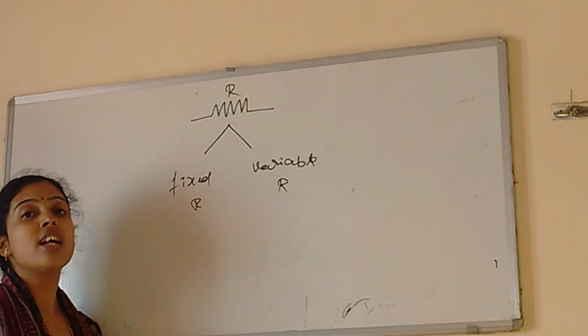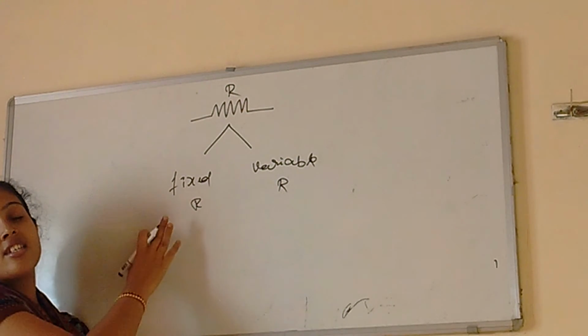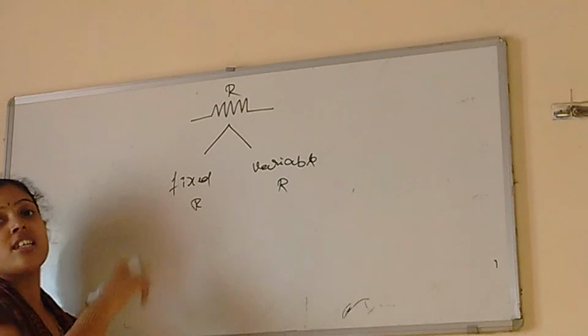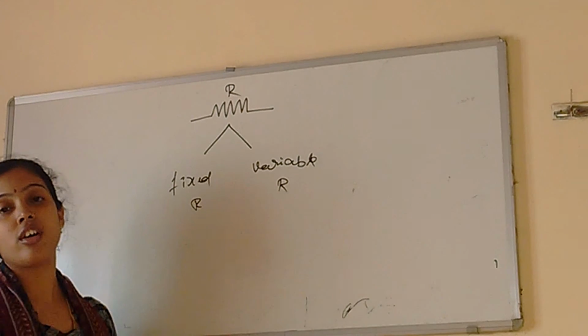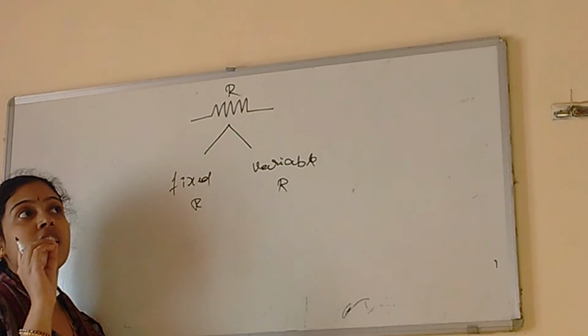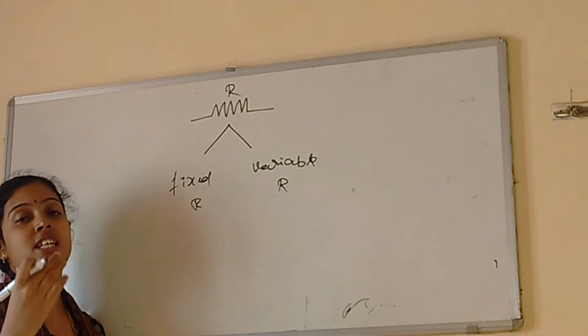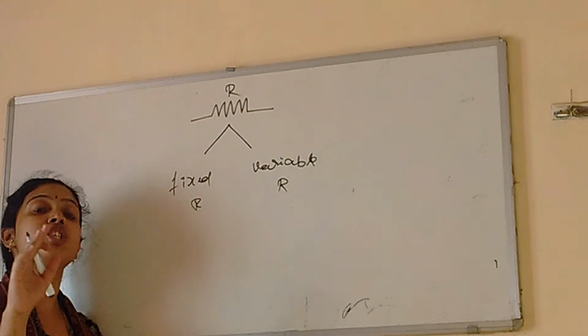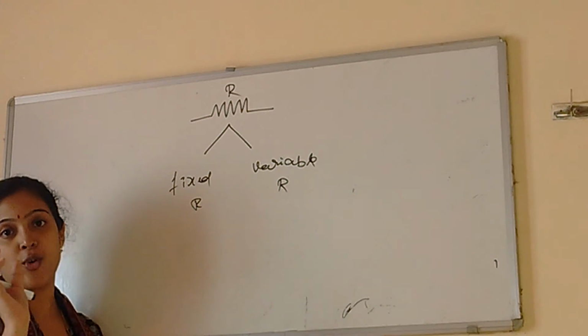What is a fixed resistor? The name itself indicates that the resistance of the resistor is fixed. While manufacturing the resistor, they have fixed the value of the resistance. We cannot change the value of the resistance manually.